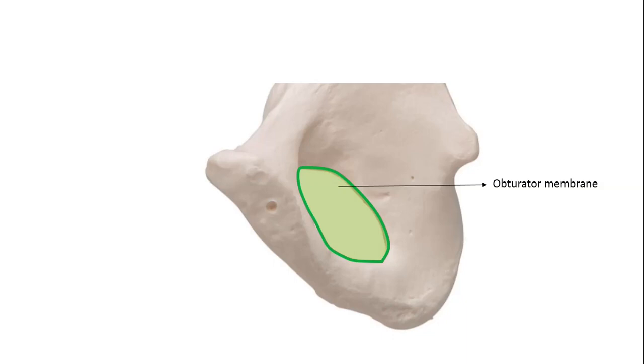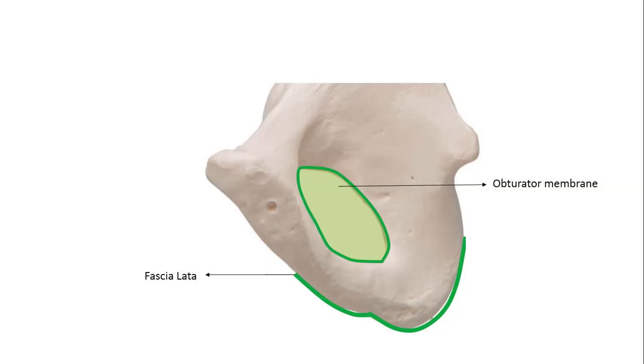Okay, so this is the obturator membrane. On the inner surface of the lower border of the ischiopubic rami, there is attachment of fascia lata. This is the attachment of fascia lata, and this space is between obturator internus and fascia lata.